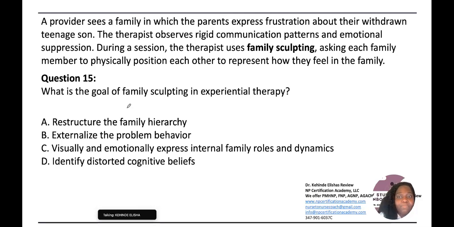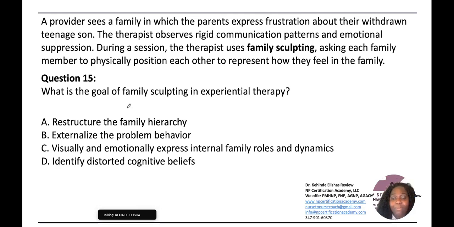A provider sees a family in which parents express frustration about their withdrawn teenage son. The therapist observes rigid communication patterns and emotional suppression. During a session, the therapist uses family sculpting, asking each family member to physically position each other to represent how they feel in the family.